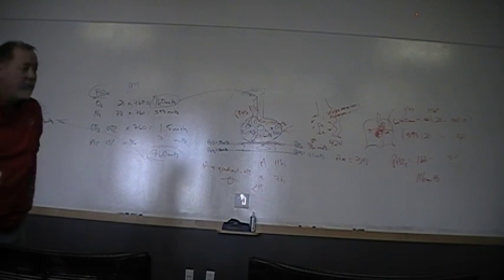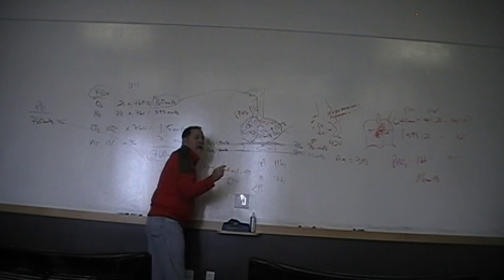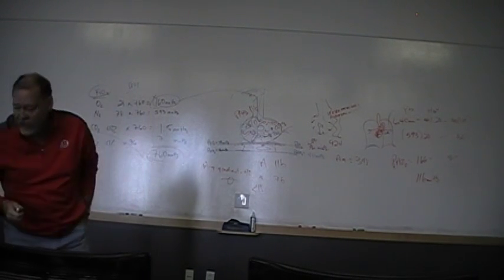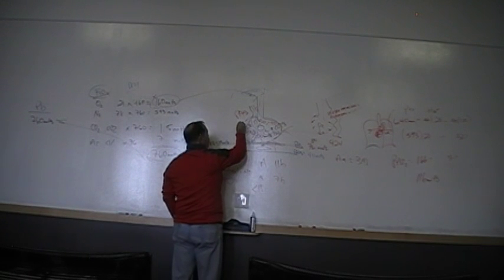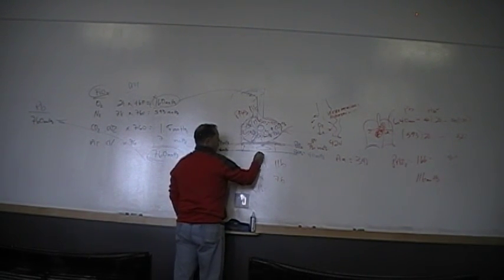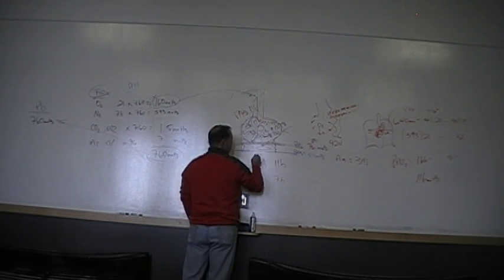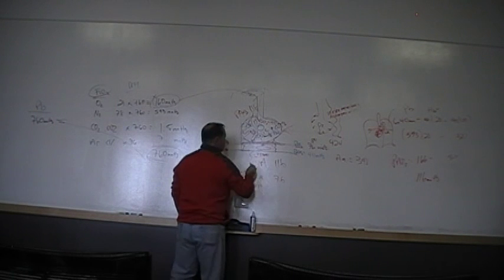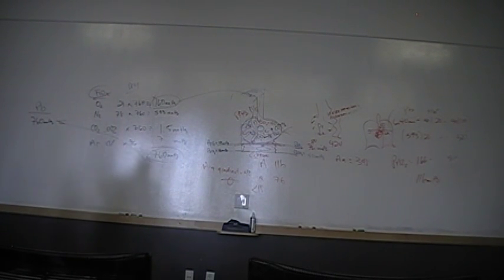So on page 190 it says that the transit time is about 0.75 seconds. So the time that blood comes in contact with the alveolus to the time it leaves the alveolus is about 0.75 seconds. Under normal conditions, gaseous equilibrium occurs in 0.25 seconds.